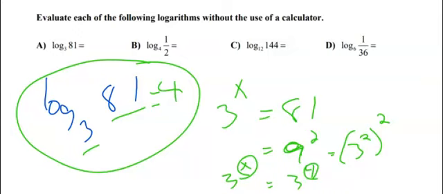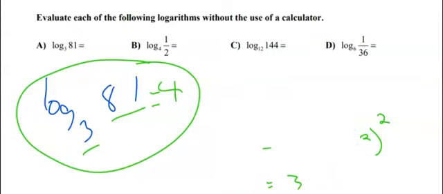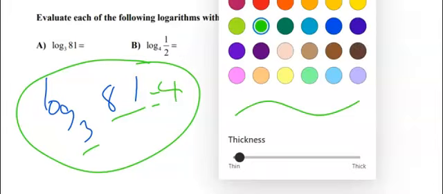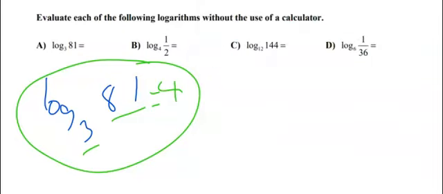The next one I want to do, I'm going to skip b for now because it has negative signs in it, because I see that 1/2. I'm going to go to letter c, and we'll do b and d at the same time. Looking at letter c, that says log base 12 of 144. If I'm working with that one, I'm thinking 12 to what power gives me 144?